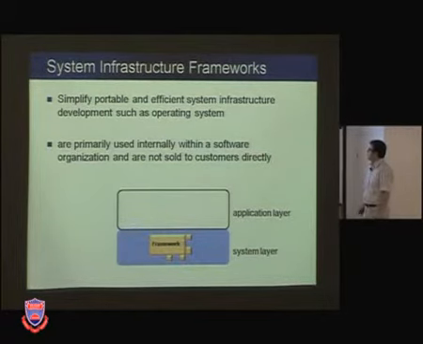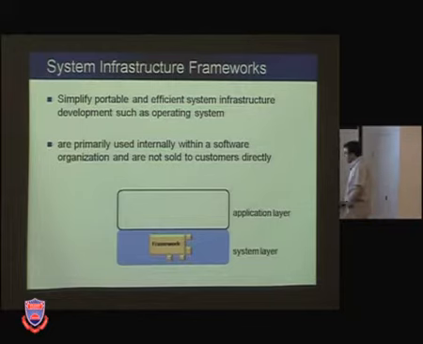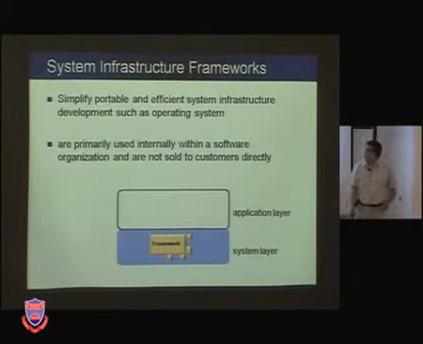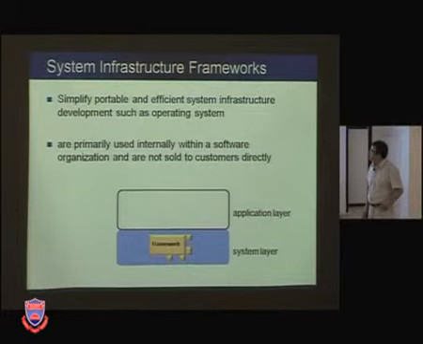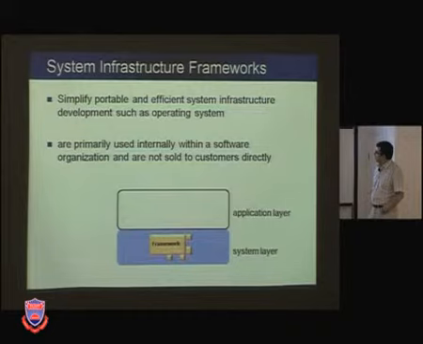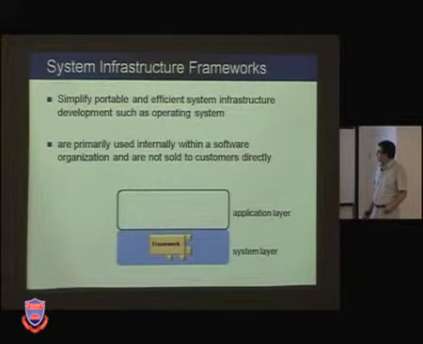In a system infrastructure framework, if we look at the layers which we can generally define, we have a system layer and an application layer. The system infrastructure framework defines the framework at the system level, such as at the operating system level. Usually it's internally used.